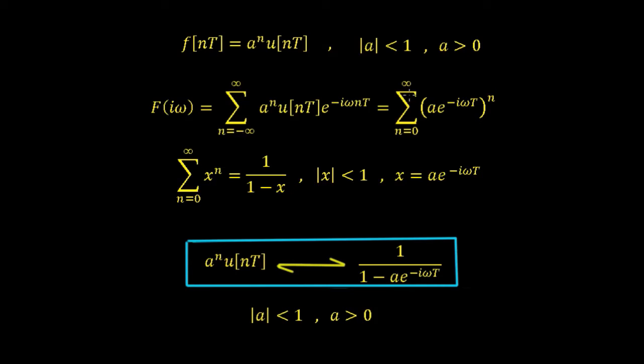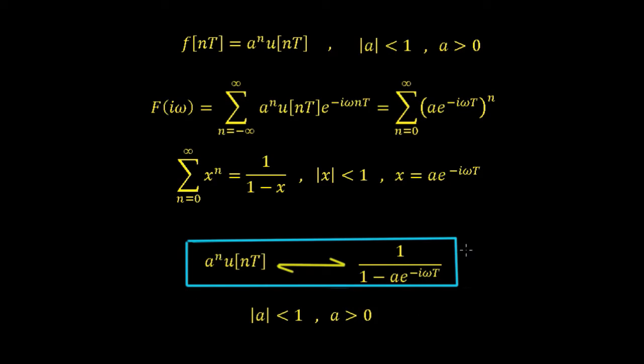So this is equivalent to the sum from n equals 0 to infinity of a e to the minus i omega t, to the power n, and this here is a geometric series, and the sum of a geometric series of this form is given as 1 upon 1 minus x, where our x in this case is a e to the minus i omega t. So it means that the discrete time Fourier transform of a to the n u of nt is going to be 1 upon 1 minus a e to the minus i omega t.